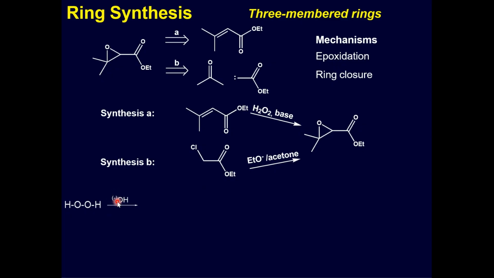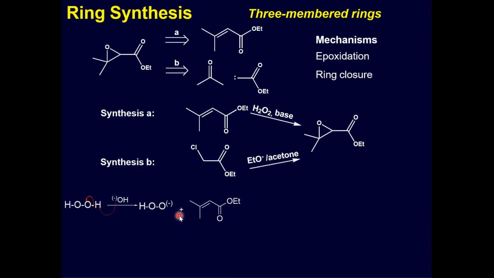It acts as a nucleophile. It abstracts the proton from this HOOH. When the proton is abstracted, the proton leaves, leaving the electrons onto the oxygen to give rise to an oxygen which is rich in electrons.